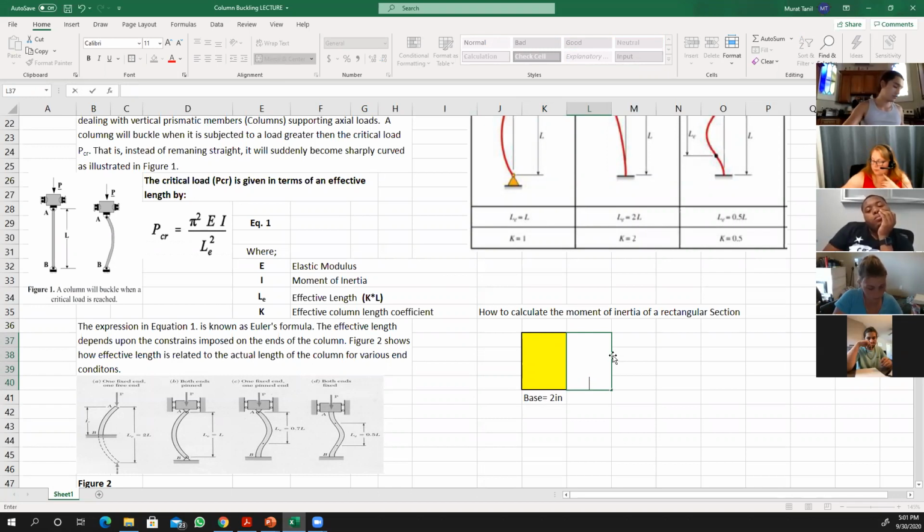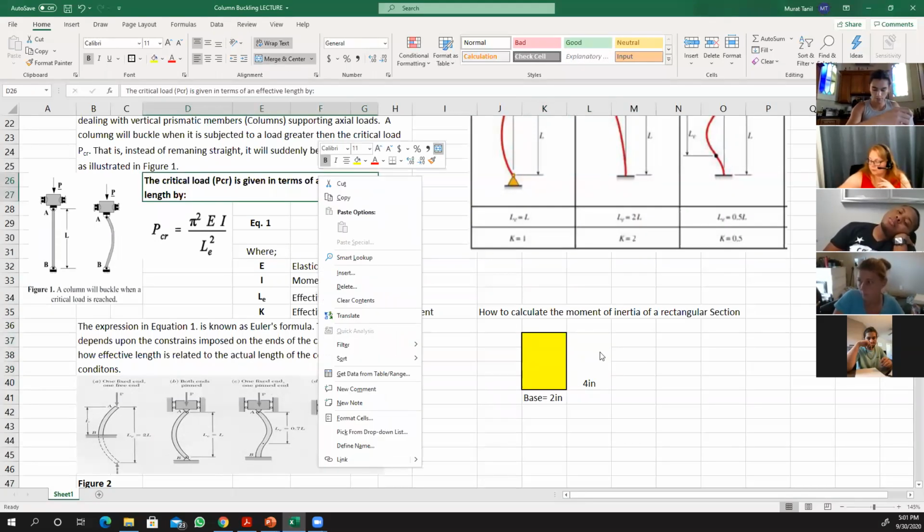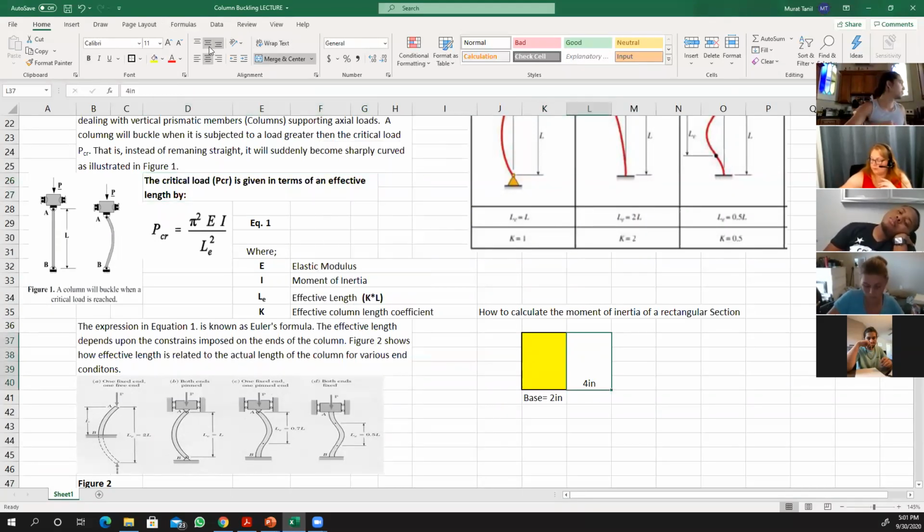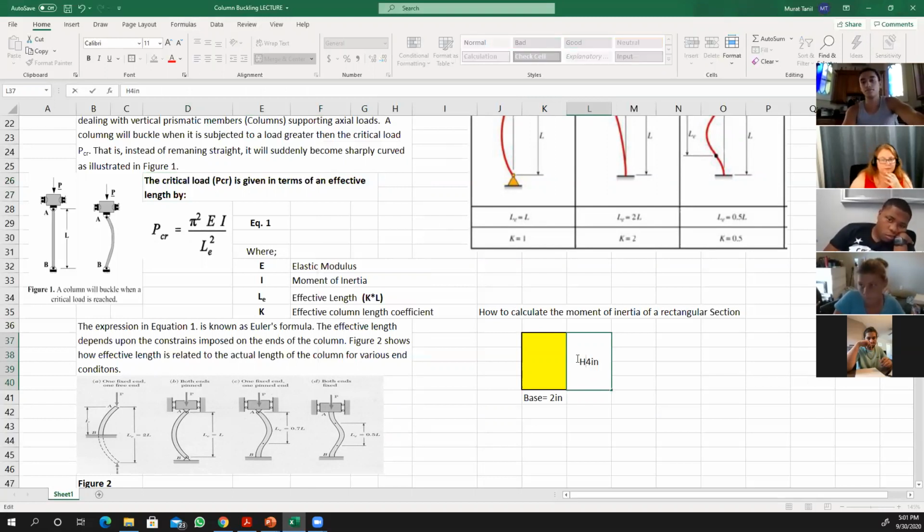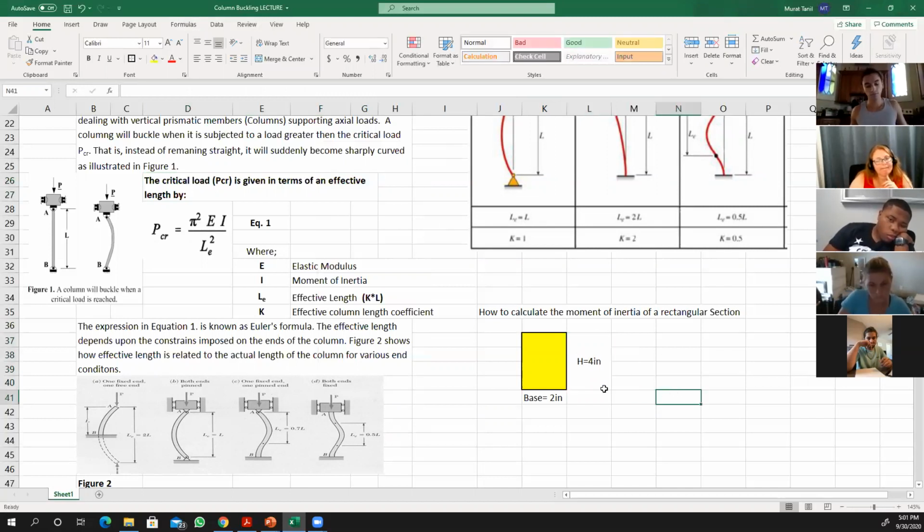Let's say this is 4 inch. You can easily pull up this equation from your mechanics of materials book, or you can look it up online right now. I have 40 students. One of them should be able to tell me how to calculate the moment of inertia for a rectangular section.